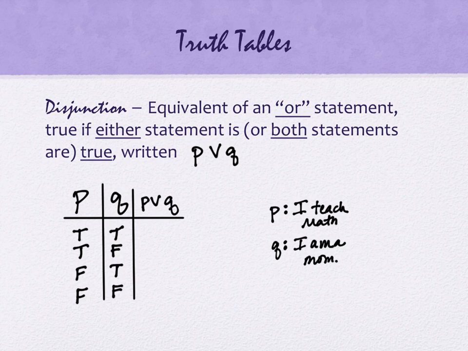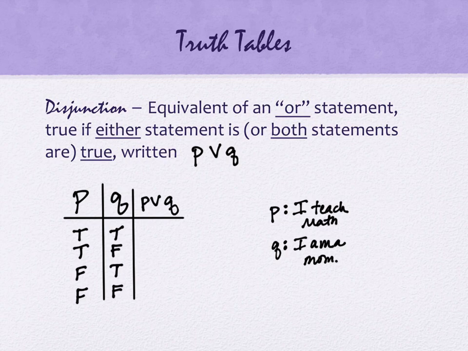And our same people are going to come in. Who is our first one? Do you remember? Dr. Marsh. Dr. Marsh comes in and she says, I teach math or I'm a mom. And it sounds funny, right? In fact, you probably would be like, I thought she was both. If you know her, right? You would probably think that. She is both. But the or statement in between doesn't make it false.